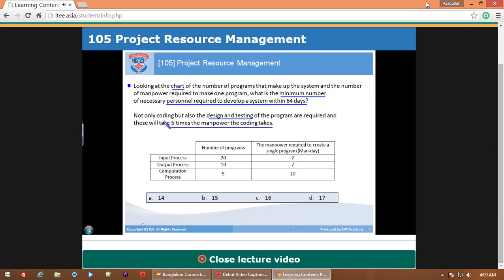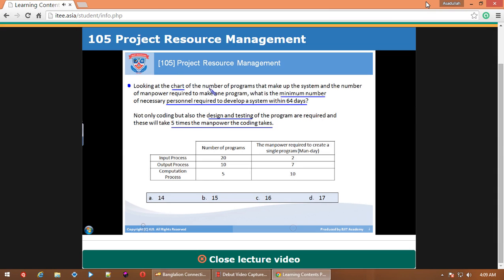Not only coding but also the design and testing of the program are required, and doing this design and testing takes 5 times the manpower the coding takes.